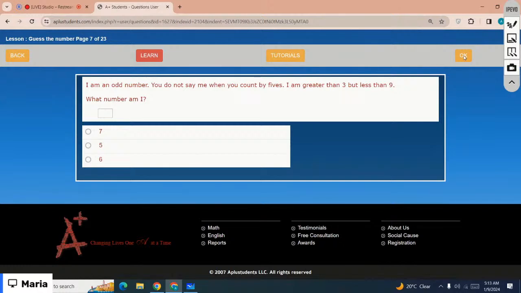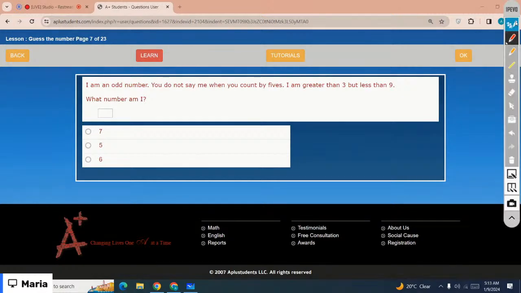What number am I? Which is the correct option? You have to see the number that is greater than 3 but less than 9. So the numbers that are greater than 3 and less than 9 are 4, 5, 6, 7, and 8.